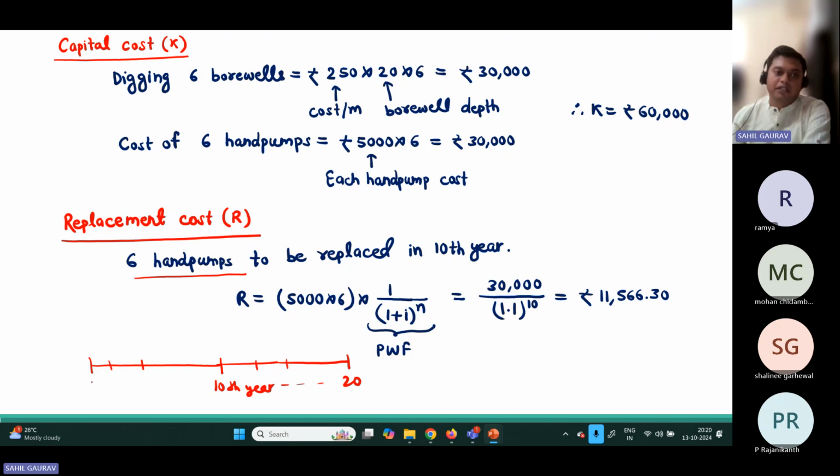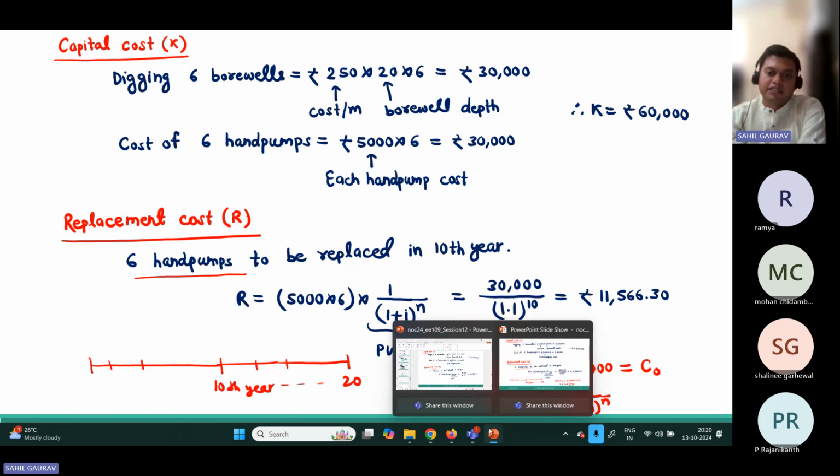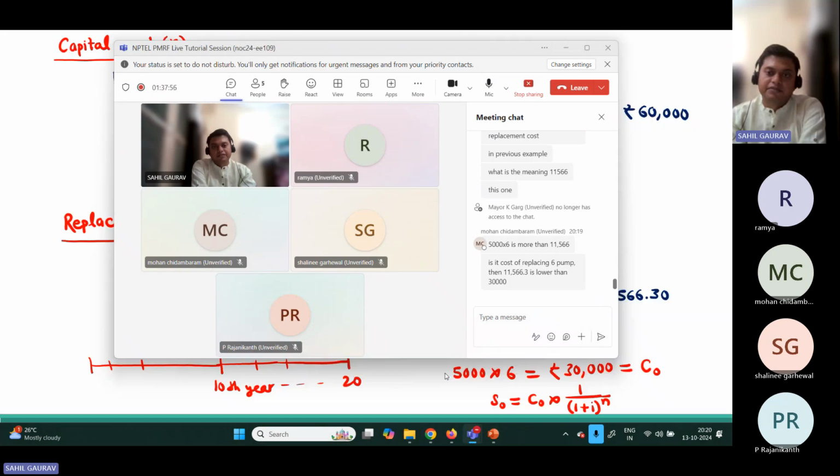So hand pump cost right now is 5,000 into 6, so that is 30,000. And you can say it as C note, right? So S note is related with C note into this present worth factor, 1 plus I upon N. So we have seen this one in the previous slide.